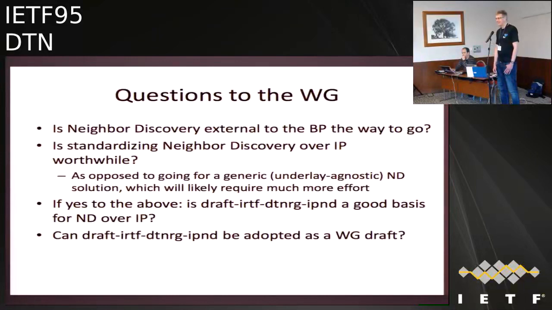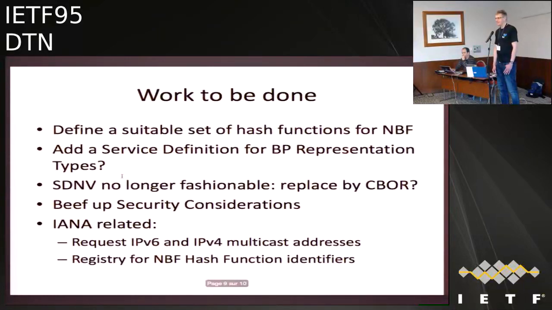Brian Haberman. I'm just going to make the comment that if there are issues related to more of a neighbor discovery architecture, like Rick was talking about earlier, then asking IANA for multicast addresses is probably premature.